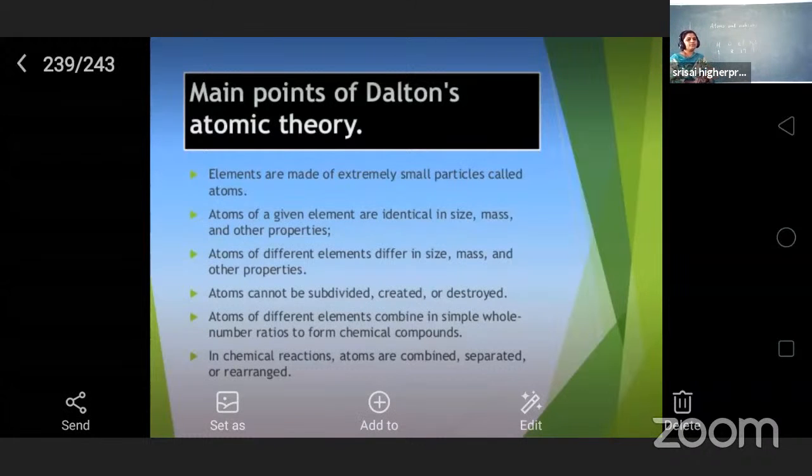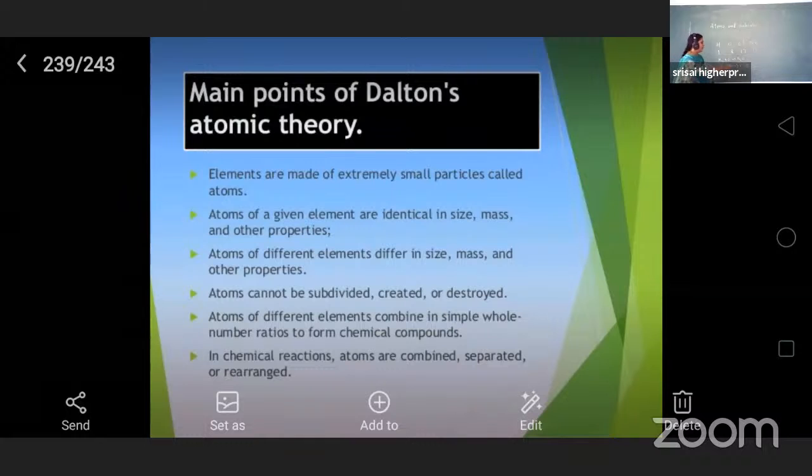Atoms of different elements combine in simple whole number ratios to form chemical compounds. Atoms of different elements means H2 plus O gives rise to H2O. H2 and O are different elements combined into H2O. They will have different ratios, what does that mean, students? H is 1 and O is 8, which gives the ratio 1 is to 8.